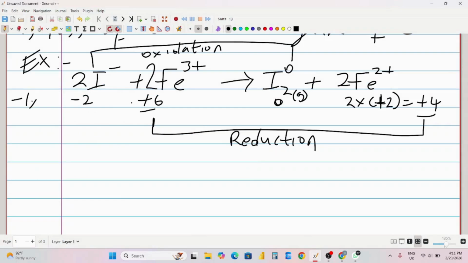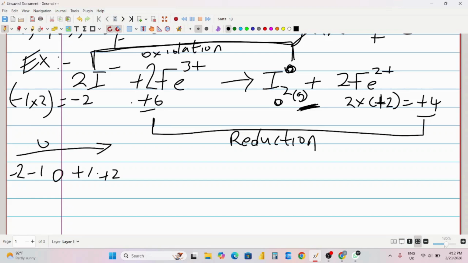Here is -1 times 2, which gives the -2 that we have here. So iodine is going from -2 to 0, because when you have your substances in their molecular state or atomic state, they will have a charge of 0. When we followed the number line, going this way is oxidation, while going this way is reduction.